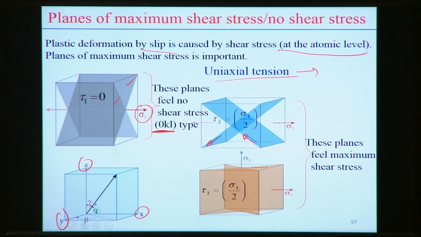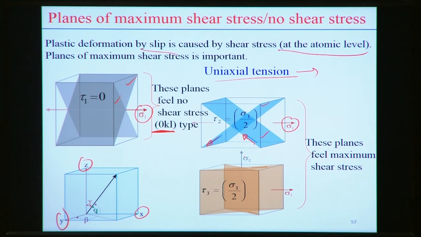If we apply the one principal stress along this direction, that principal stress is basically acting along the x direction. Then with respect to this direction, the plane highlighted here and another plane are where the maximum shear stress tau 2 exists, which is half of the normal stress value.